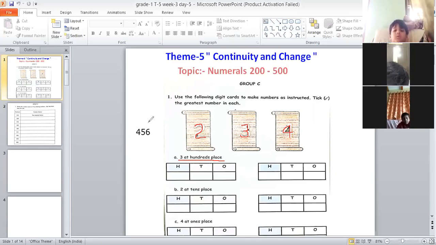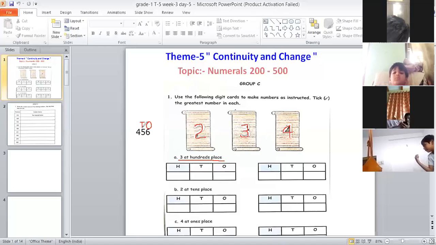We write here ones, then tens, and then comes hundreds. First ones, then tens, and then hundreds. We always move from right to left.